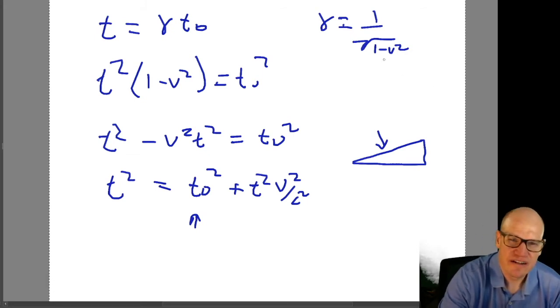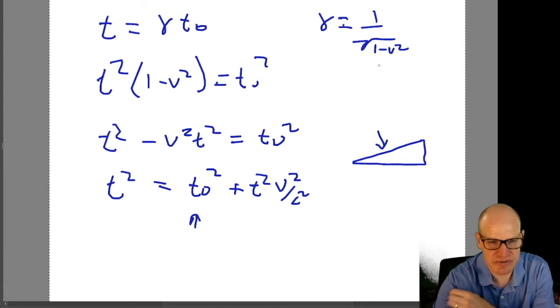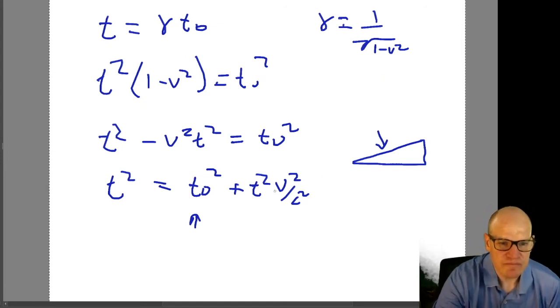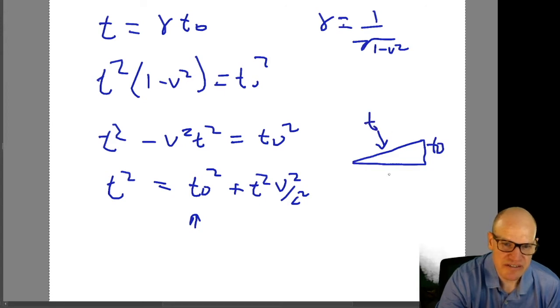So 1 over the square root of 1 minus v squared. Yeah, okay, so this is right. So this component, this t naught over here, that's t naught. This is t, and this here is that length. This is t times c, this is t naught times c, and this is v times t.